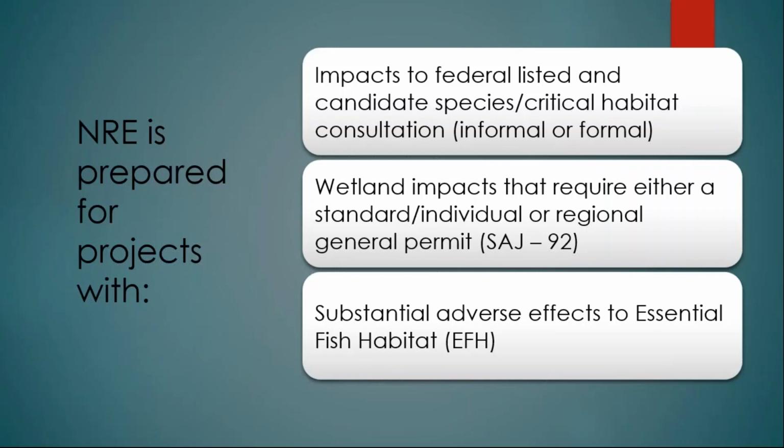It is going to be prepared for projects where the impacts to federal listed species and candidate or critical habitat, where consultation is going to be required. It is also going to be prepared where you have impacts to wetlands that require either a standard or individual federal permit or regional general permit, and the one that we use most often is SAJ-92. I'll talk about that in the permitting section. And then it is also prepared for those projects where we will have substantial adverse effects to essential fish habitat.